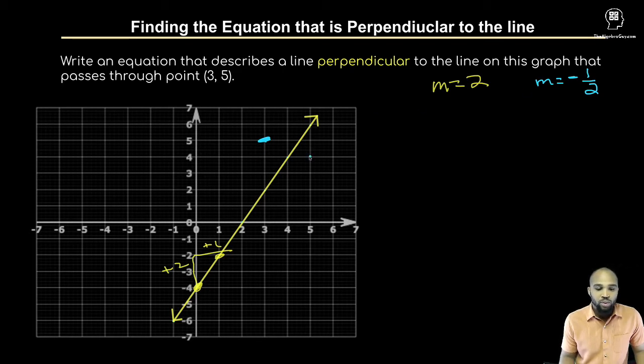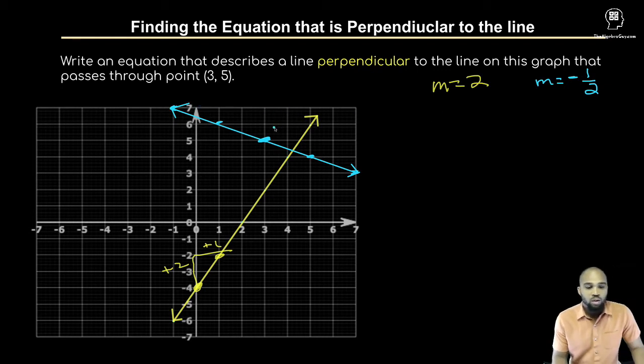By going down 1 over 2, and up 1 to the left 2, and drawing a line. There we go. And this line goes on forever. Draw my little arrows there, and we're done. So that's what it would look like.